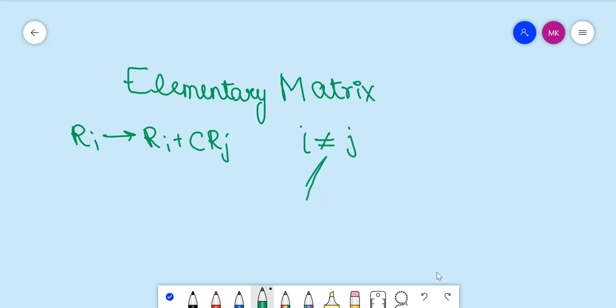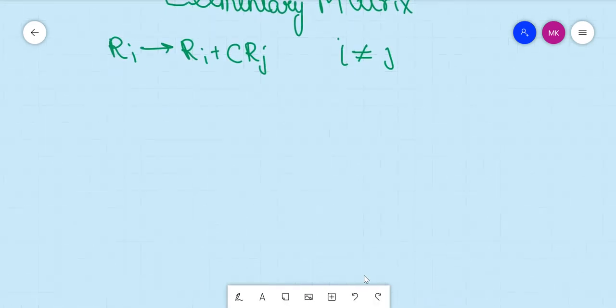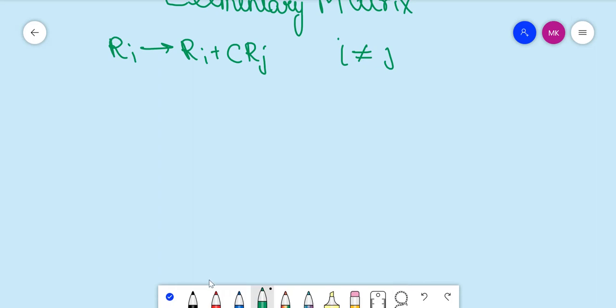Okay, let me make some space here first. So first of all, let's say we have a matrix E which we want to check if it is invertible or not.